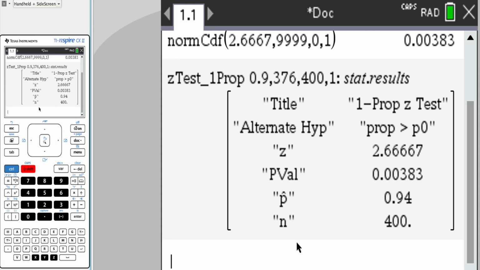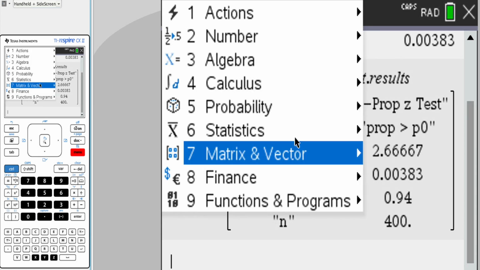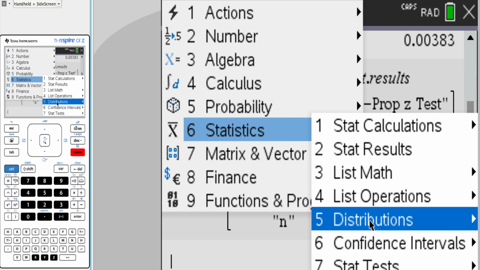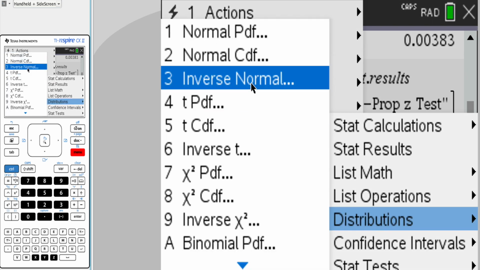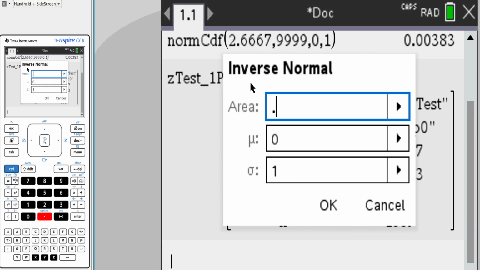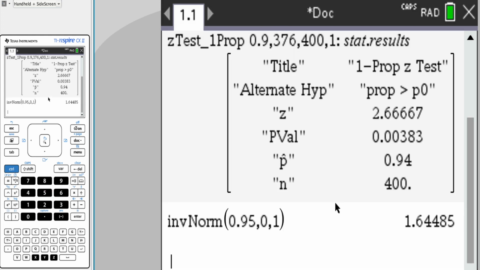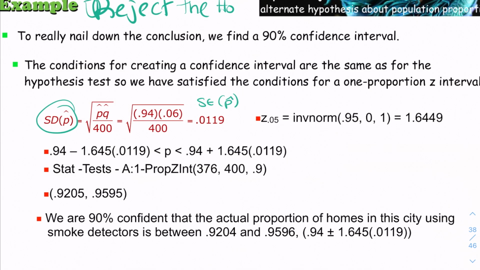Just as a reminder, on my calculator I go Menu, Statistics, Distributions, Inverse Normal, and because it's 90%, I go 0.95. I get 1.645. 1.6449, we're going to use that.